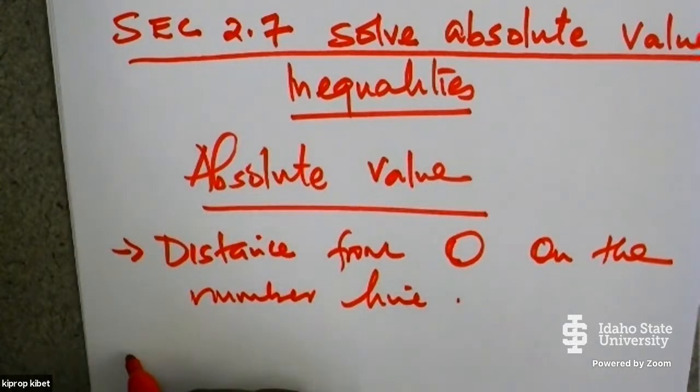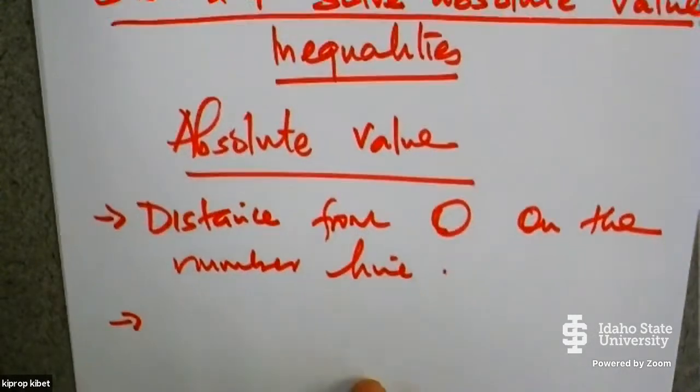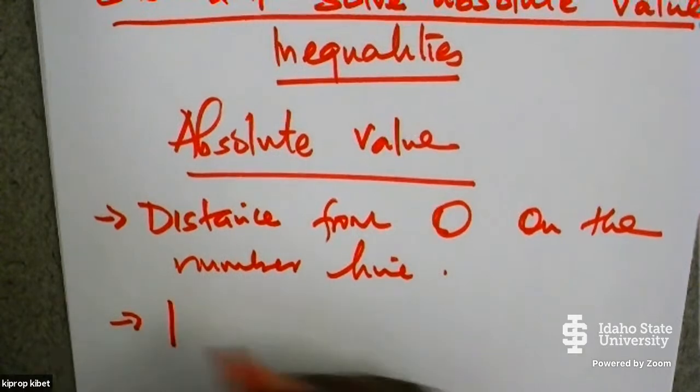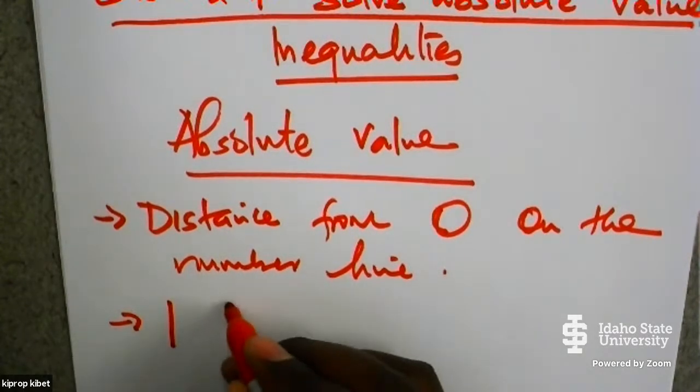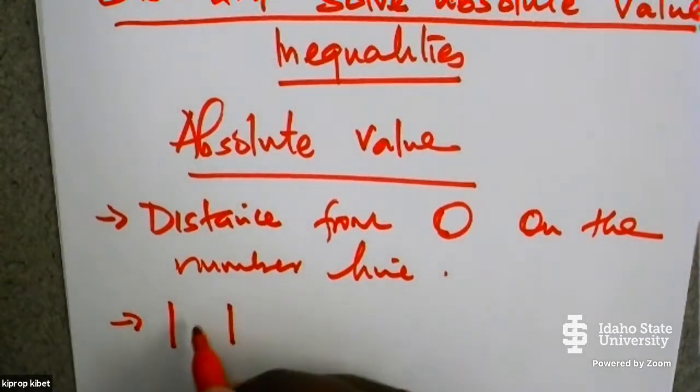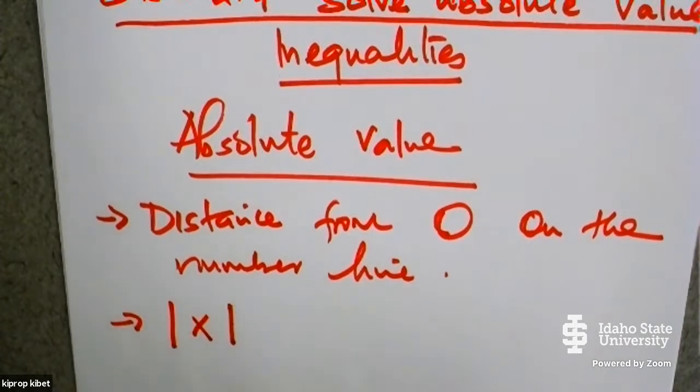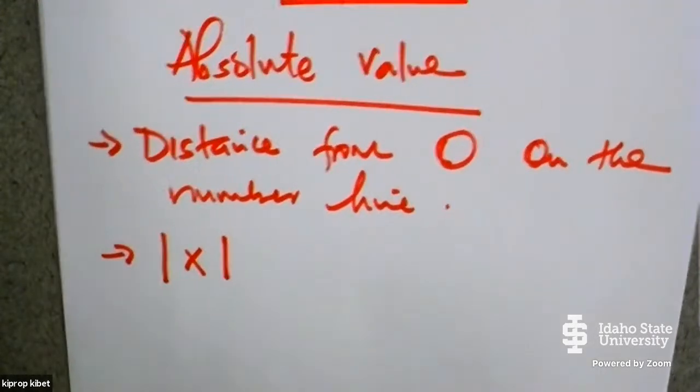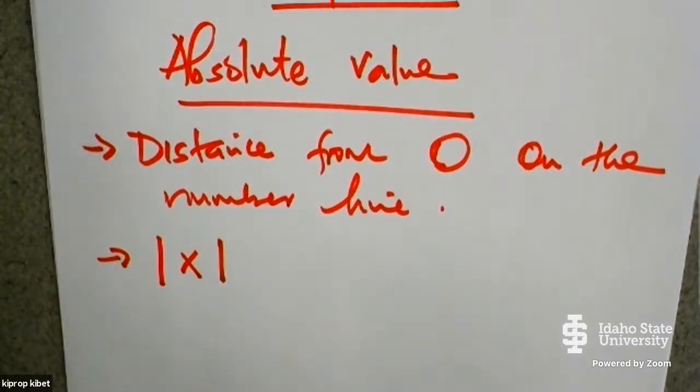This absolute value we usually write in this form. Let's say that one is x. So we put 2 lines there, x.